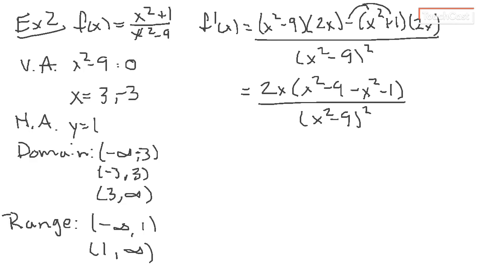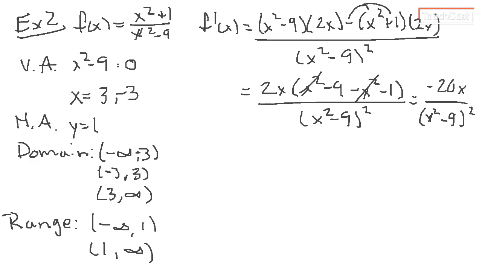squared. Now when I'm cleaning up my numerator, my x squared terms are going to actually cancel each other out. And negative 9 minus 1 is negative 10. If I multiply that by 2x, I'm going to get negative 20x over x squared minus 9 squared.